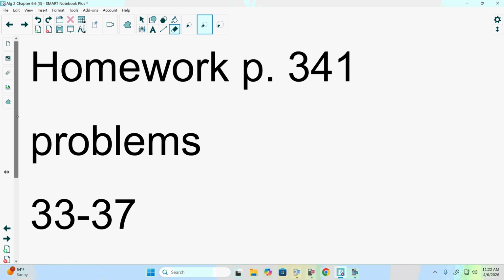You should get one solution for 33, 34, 35, 36. 35 and 36 are going to be approximations. You can give me, I will take the approximate and the quadratic formula expression of both of those. 37 will have 2 solutions.